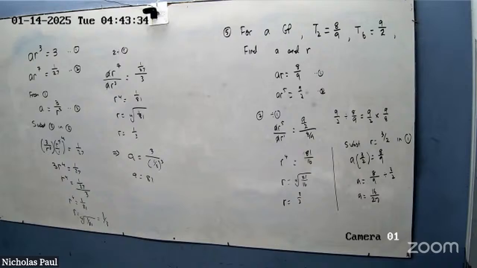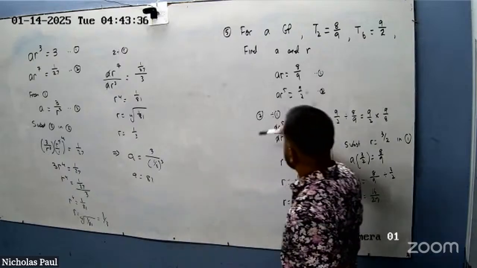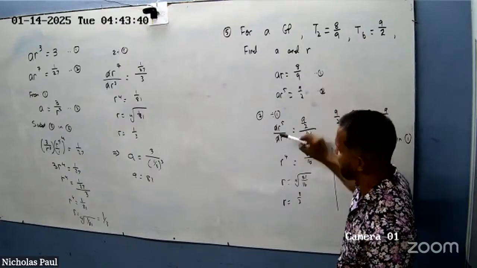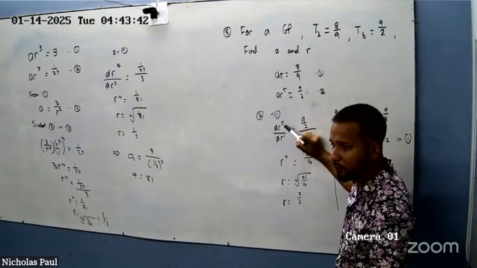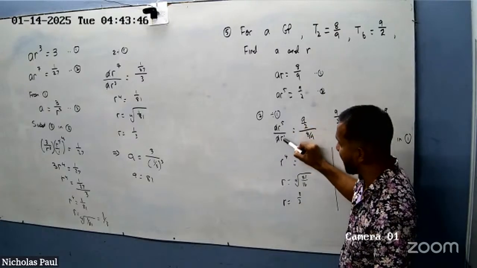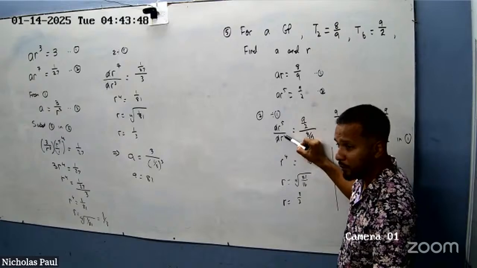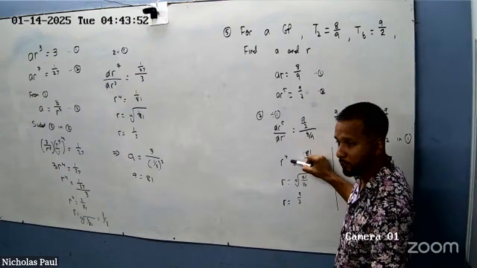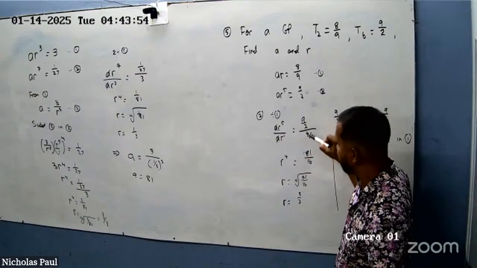So I divided this equation by this equation. The reason I did it that way is that I always have the higher power on top. The a is cancelled, and I get r to the 5 divided by r to the 1. I divide, so I subtract the powers. That makes sense?